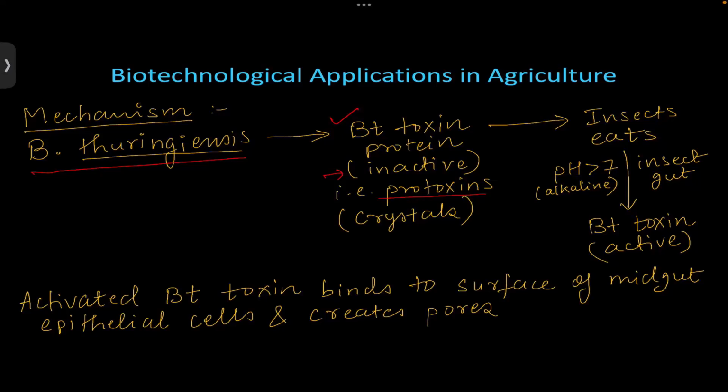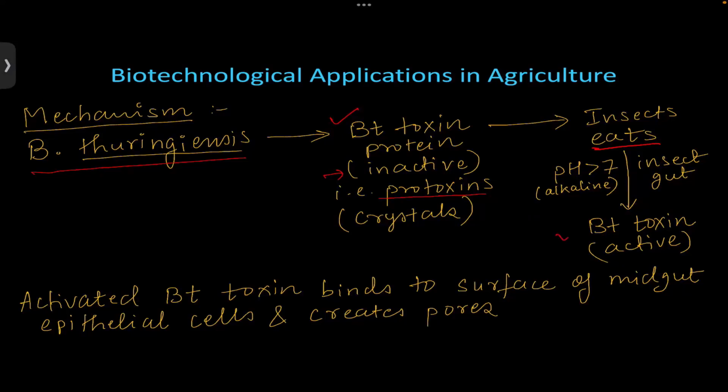Okay, because in bacteria it is present in an inactive state, as a protoxin. Now when an insect eats this protoxin, inside the gut of the insect the pH is quite alkaline, meaning greater than 7, because of which the toxin gets the right condition to become activated.